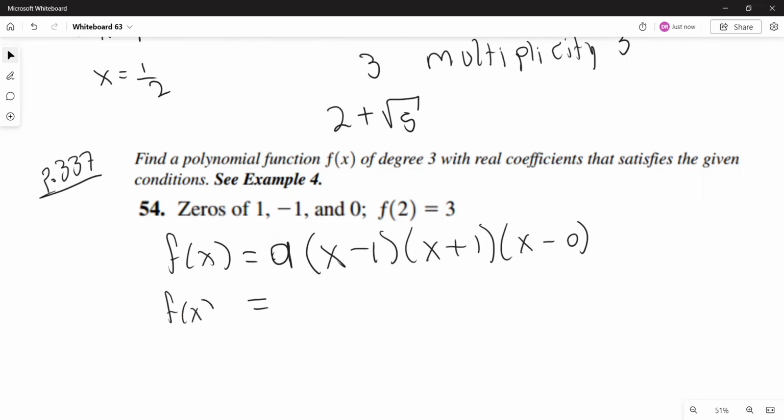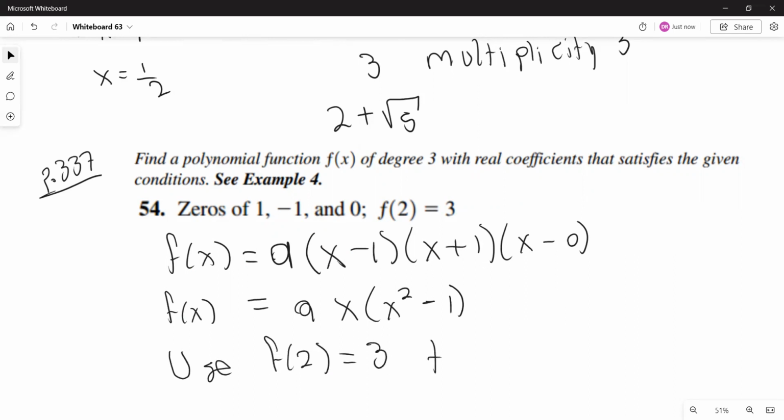Okay, so f of x is a times x, and x minus 1 times x plus 1 is going to be x squared minus 1. So we can use f of 2 equals 3 to find a.